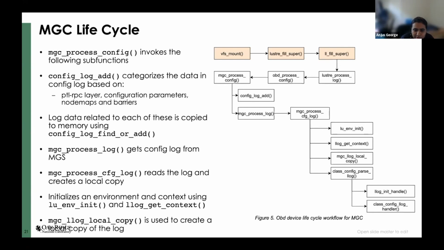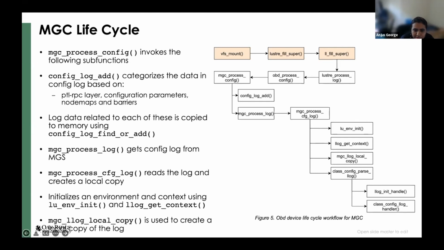So mgc_process_config then next calls the mgc_process_log function, and it gets the config log from the MGS and processes it. This function is called for both Lustre clients and Lustre servers to process the configuration log from the MGS. The mgc_process_log then calls the mgc_process_config_log function, which reads the log and creates a local copy of the log on the Lustre client or server.